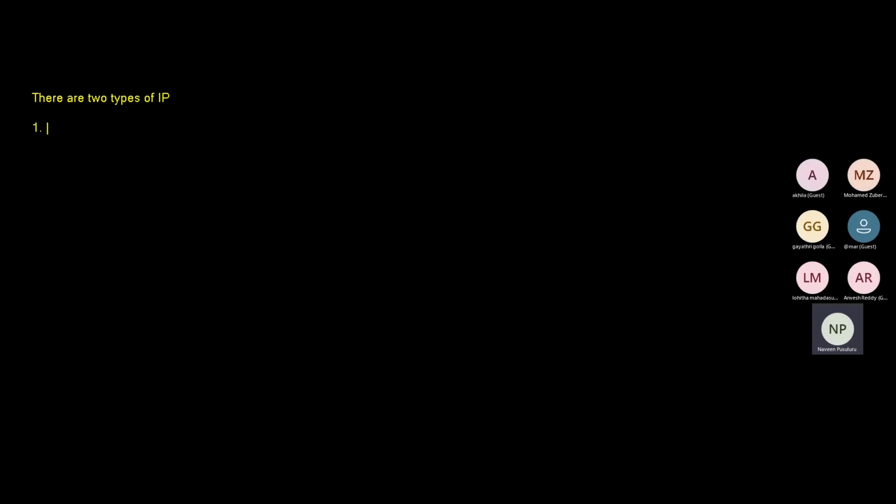First one is private IP, second one is public IP. Private IPs are free, and anyone can use them anywhere.